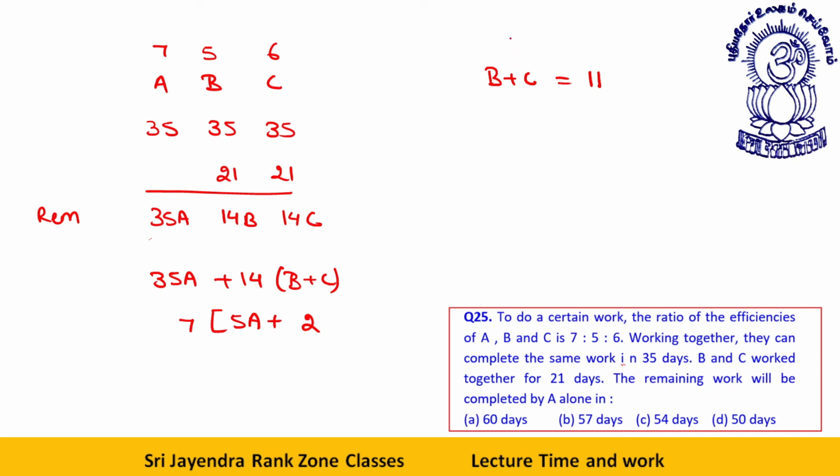And if I take this ratio with comparison to A, this is 7.